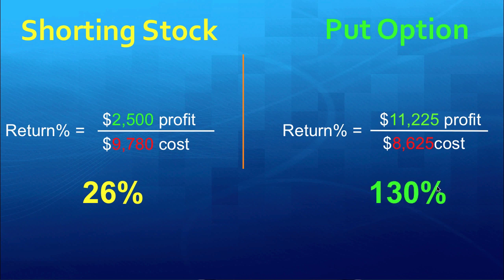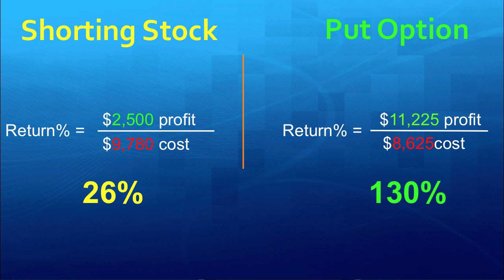If I had to put almost $10,000 to work, which side would you rather put it to work on? The stock side, or the put option side? Look at this difference. $11,225 versus potentially $2,500.